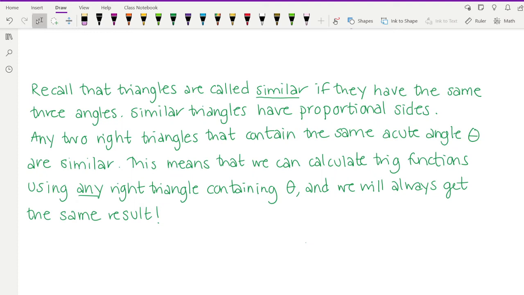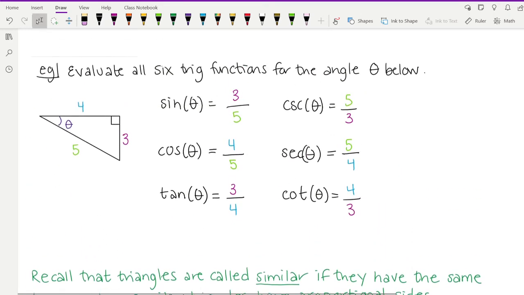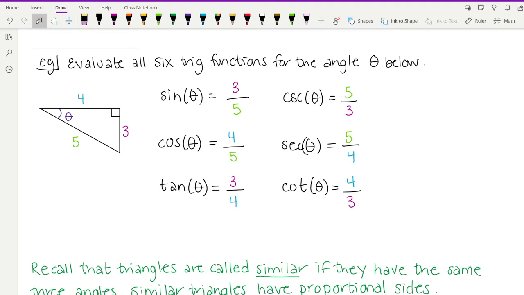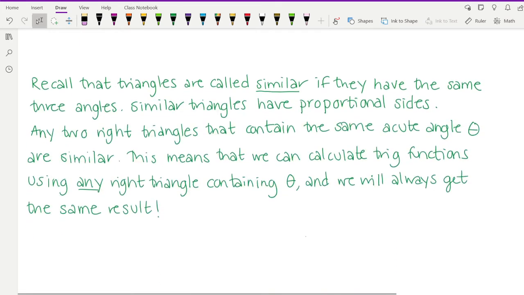So if you take a ratio of side lengths within a triangle and then take a ratio of the same side lengths within the similar triangle, you're going to get the same ratio. And right triangle trigonometry is all about ratios, right? We're doing opposite over hypotenuse. We're building these ratios from the sides of the triangle.